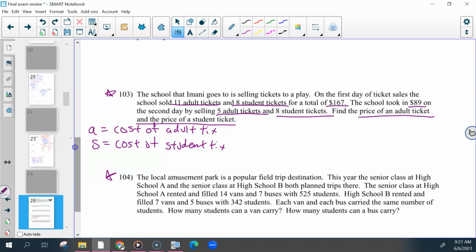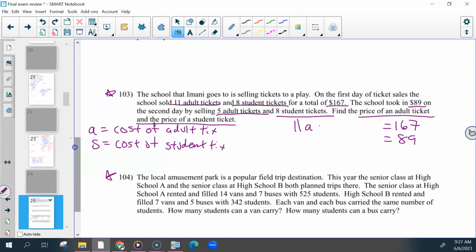Then we have to come up with 2 equations. We're given the totals 167 and 89, so those will be the 2 things these equal. And then the number of tickets is going to go with the variables, so 11 adult tickets times the cost, so 11A.